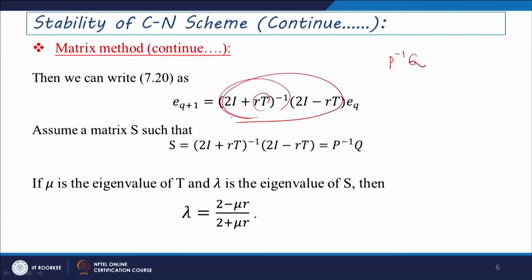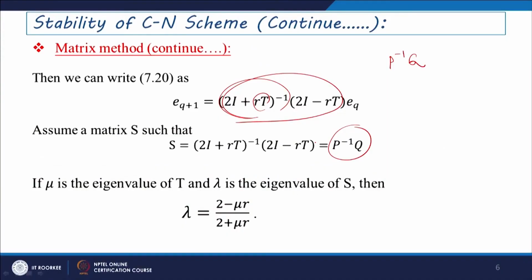To do this, assume that S is a matrix defined in the form of (2I plus RT) whole inverse into (2I minus RT), that is nothing but P inverse Q here. So we can obtain these eigenvalues if we write it in a determinant form.